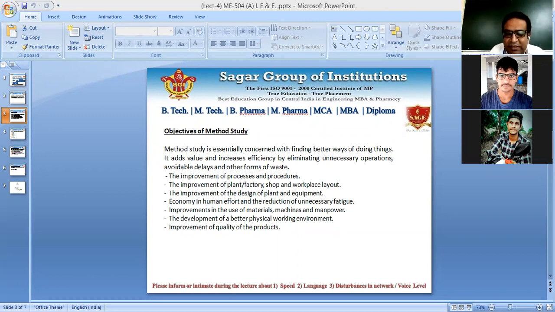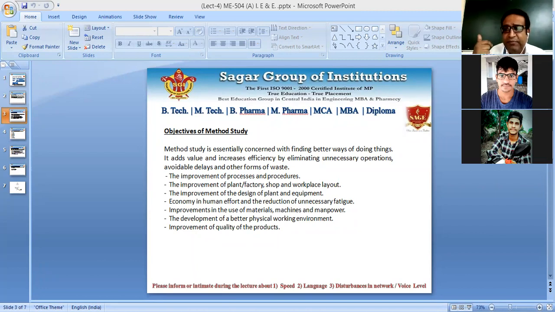Then comes the reduction of unnecessary fatigue and movements, as we have seen in the method study definition, the work study definition itself, that what we need to do is analyze a better method.